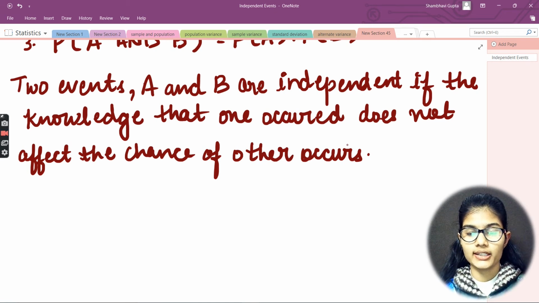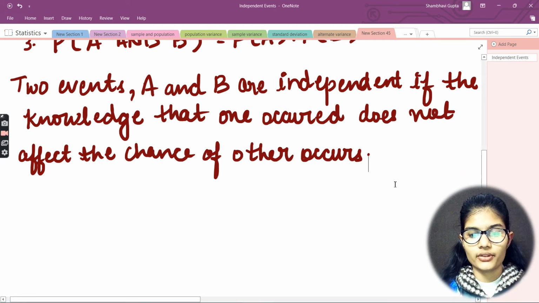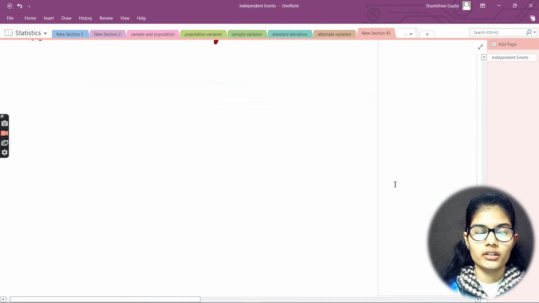Let's take a very quick example for checking the independence of events. Let me just write that down, because it would be much clearer while writing.